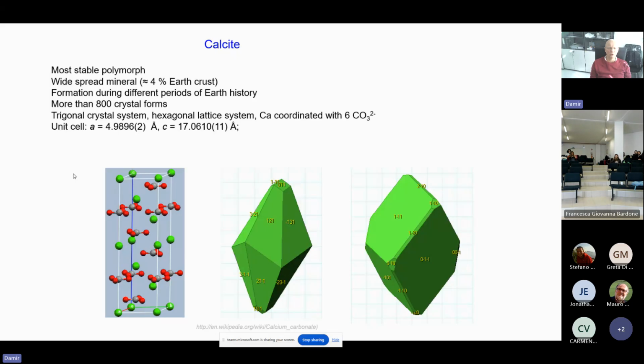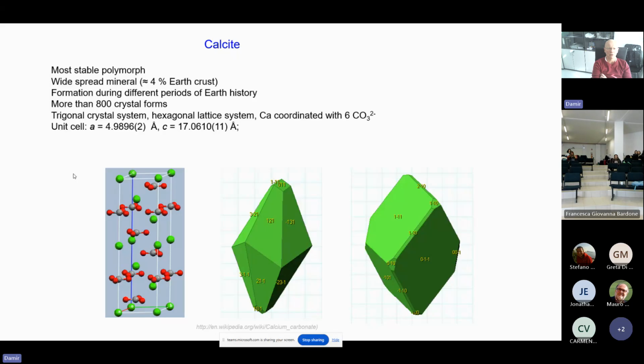Calcite was formed during different periods of Earth history. It was not just one moment when it appeared. What is also very interesting for calcite is the fact that it can appear in a really large number of forms. At the moment, there are about 80 crystal forms of calcite. That is much more than for other isostructural materials.